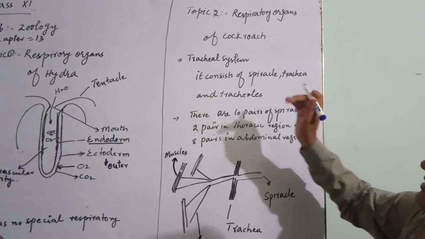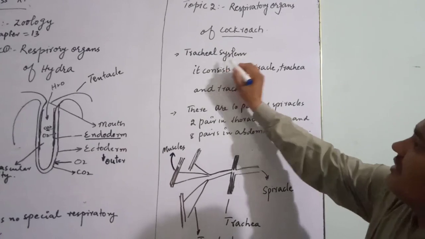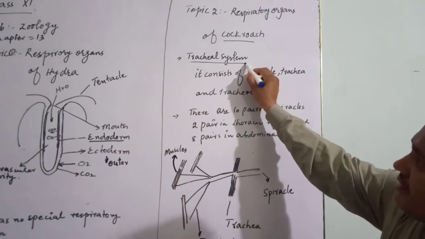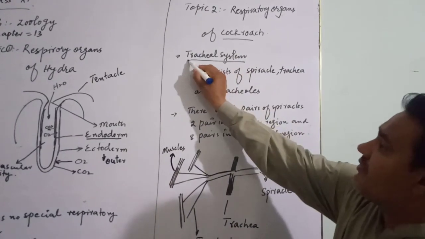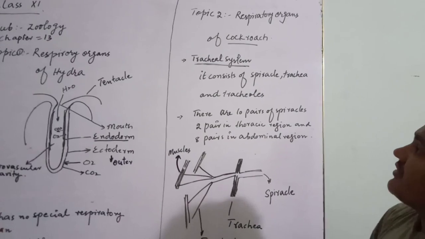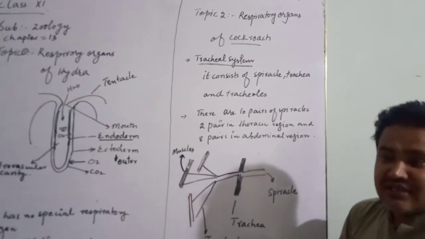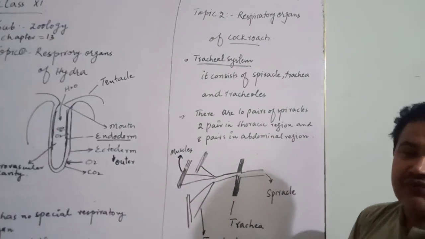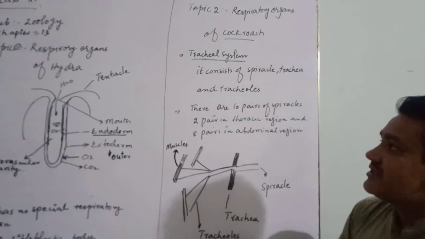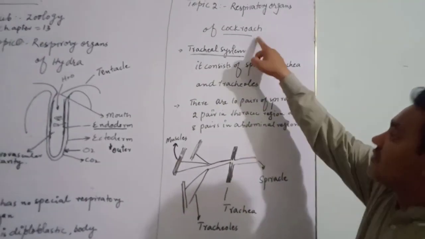All insects have a special type of respiratory organ, a special type of respiratory system that is called the tracheal system. Tracheal system is nothing but a system of tubes. There are some special types of tubes present in insects, in the cockroach.